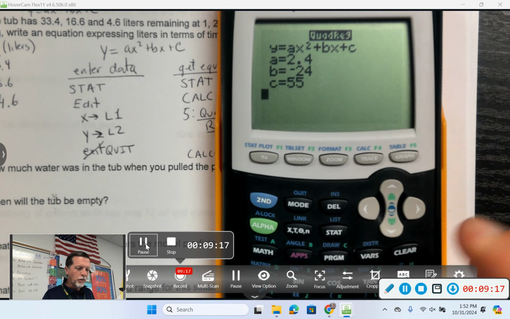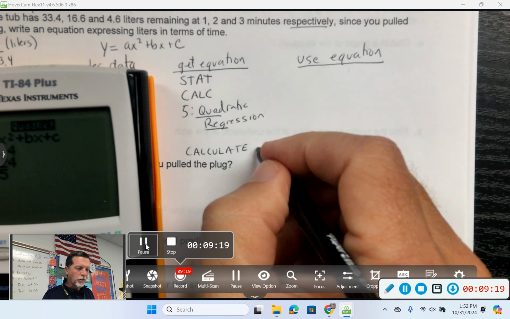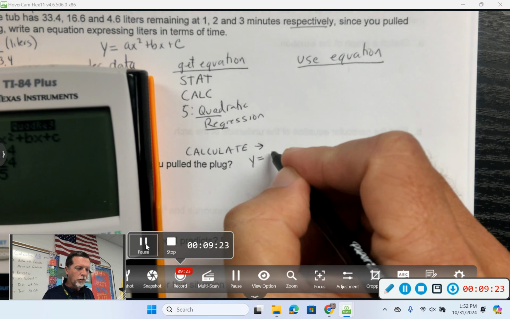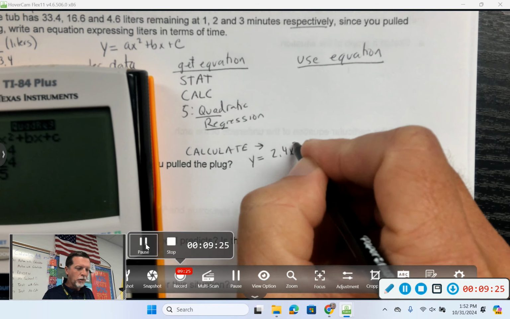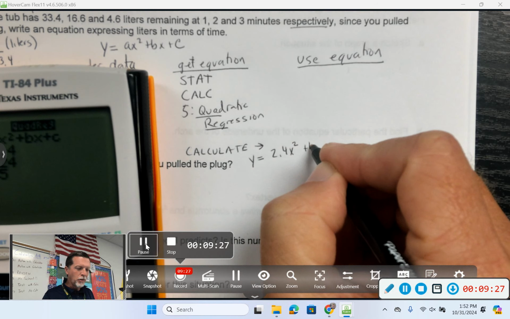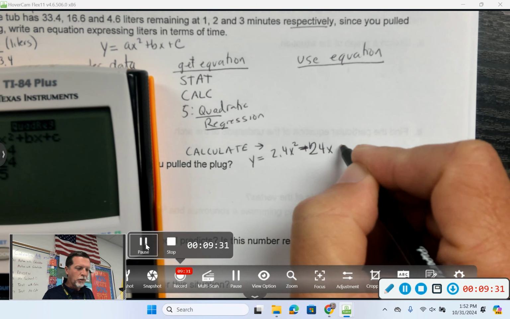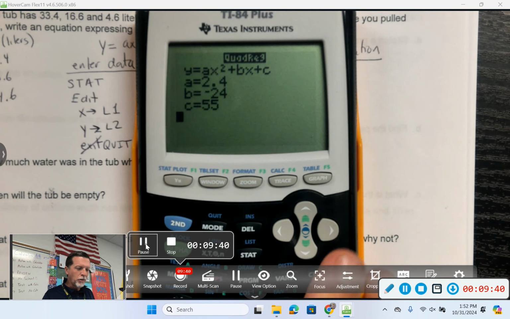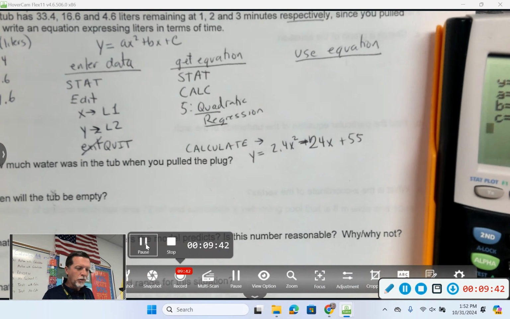It's ax squared plus bx plus c. So when we hit calculate, we've got y equals 2.4x squared plus, or minus in this case, 24x plus 55. So we've got our quadratic equation now.